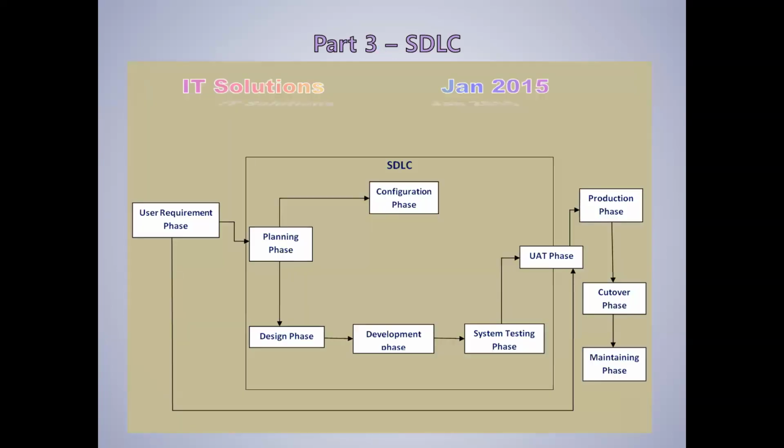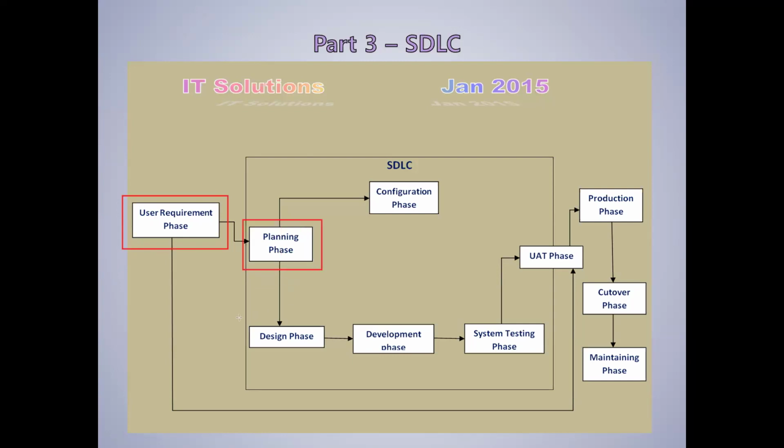Okay. All right. So user requirement phase. This is the first phase we mentioned in the previous slide. User requirement phase is here. Then we have planning phase right here.